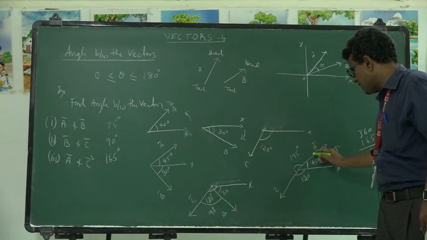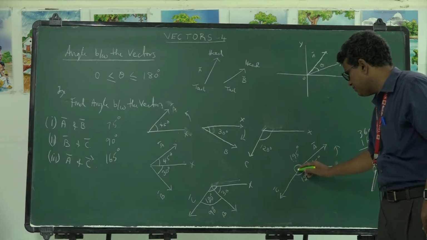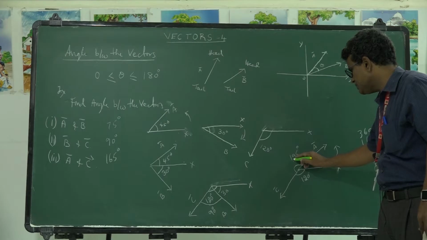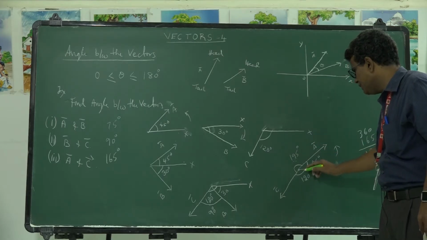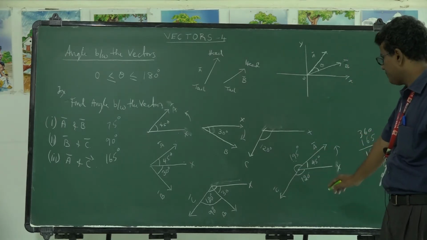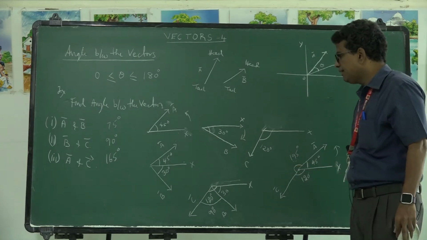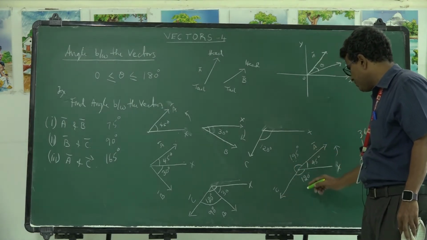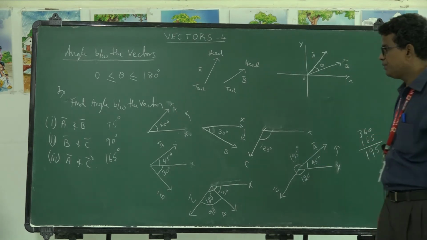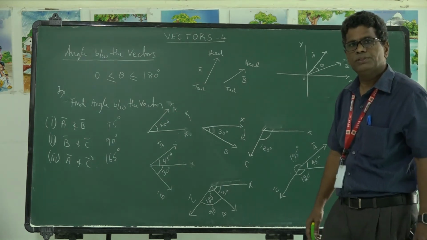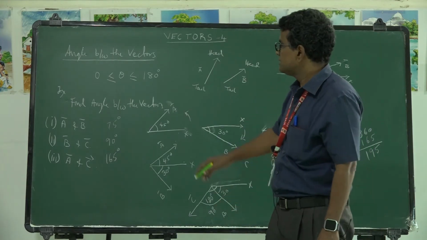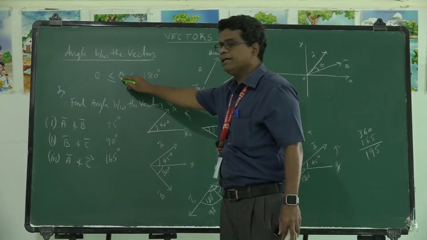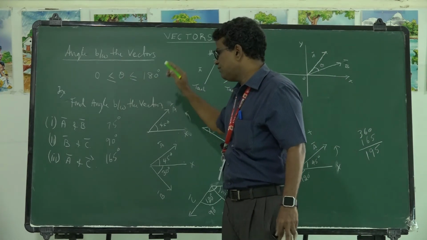This is the other angle between A bar and C bar. You joined tails. Here it is 195. Here it is 165. Then which one do you have to take as the angle between A bar and C bar? Is it 195 or 165? You may get doubts. So which one is the answer? The angle between two vectors should be less than 180 degrees.